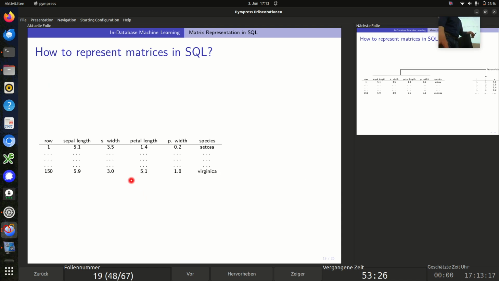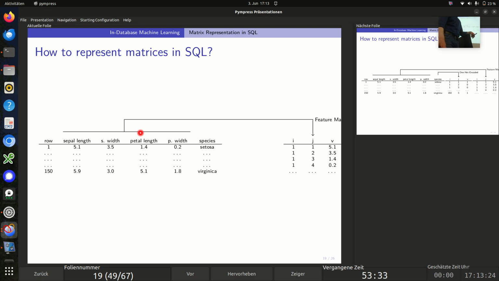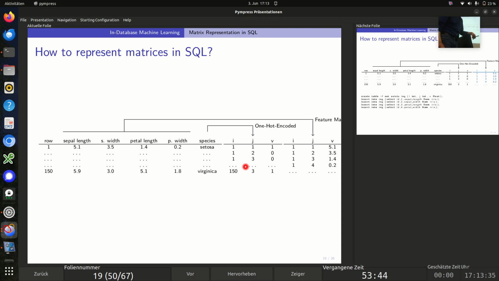What I did is I have my table here, my 150 data points, and then I want to get the species here, which is actually the classification, and I need one hot encoding for that. I have 3 classes, and therefore if it's the first class, the first number should be 1, and otherwise the last number should be 1.